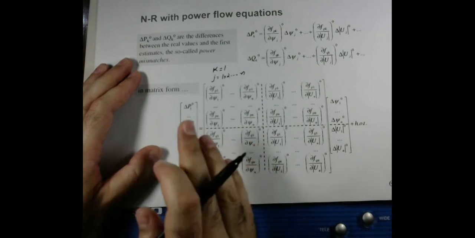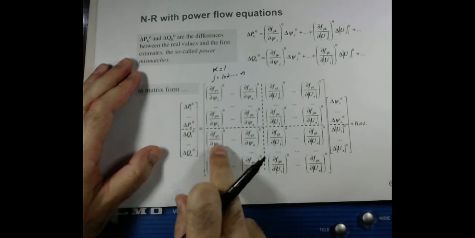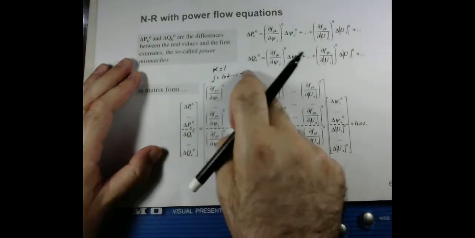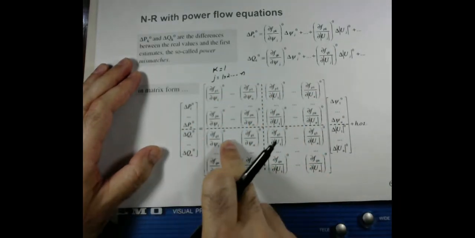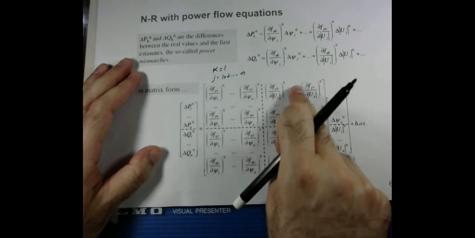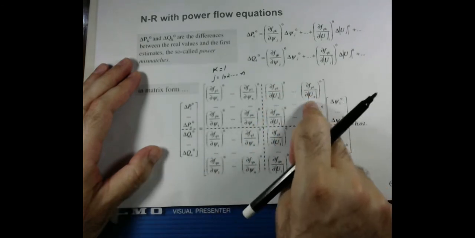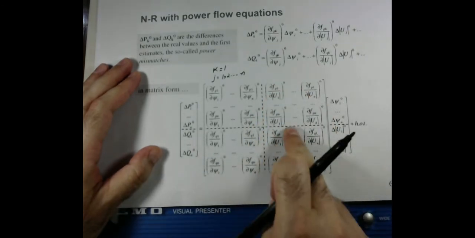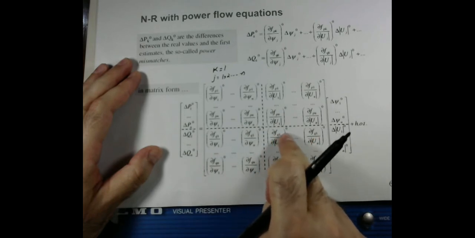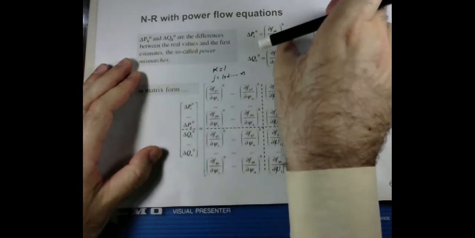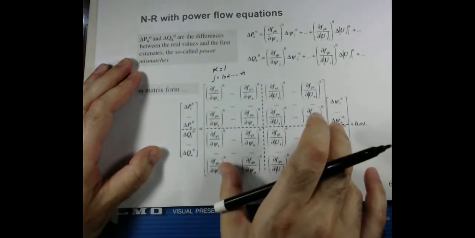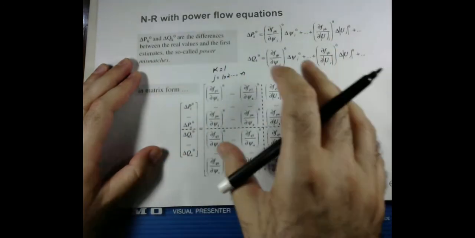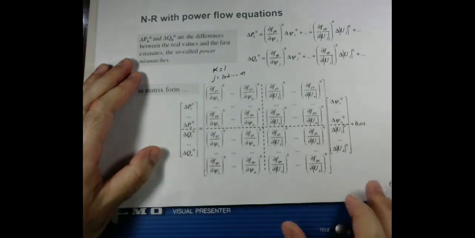These terms are exactly the same: here we have it for the active power, here we have it for the reactive power. Similarly, here we have the derivative of the function with respect to the voltage, and here it is the derivative of the function for the reactive power with respect to the voltage. So now we represent these expressions in the matrix form. I hope after this discussion this representation is clear to you.